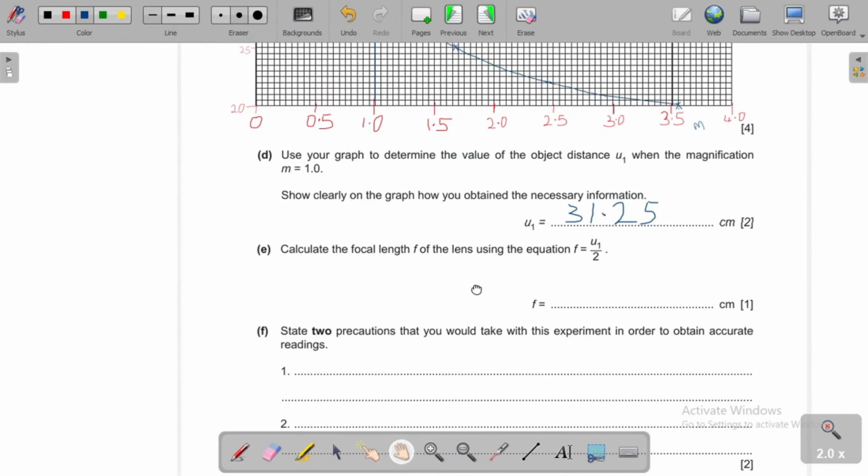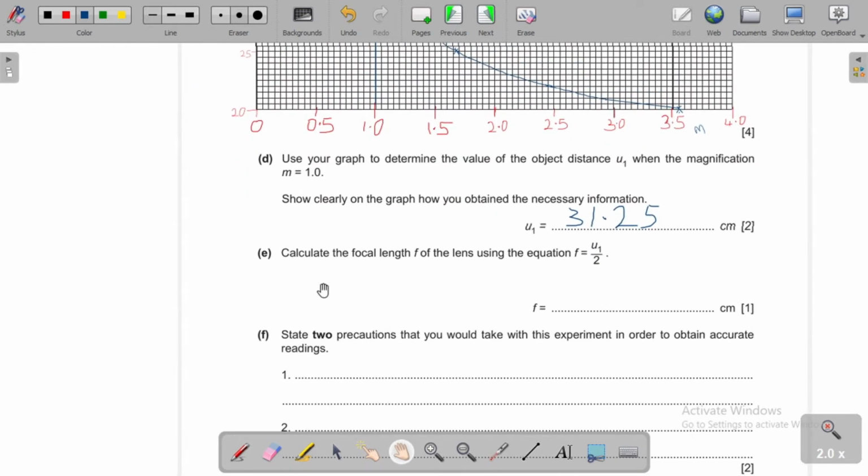So let's look at the question. Calculate the focal length f of the lens using the equation f = u1 divided by 2. So let's look at it. u1 is 31.25. 31.25 divided by 2.